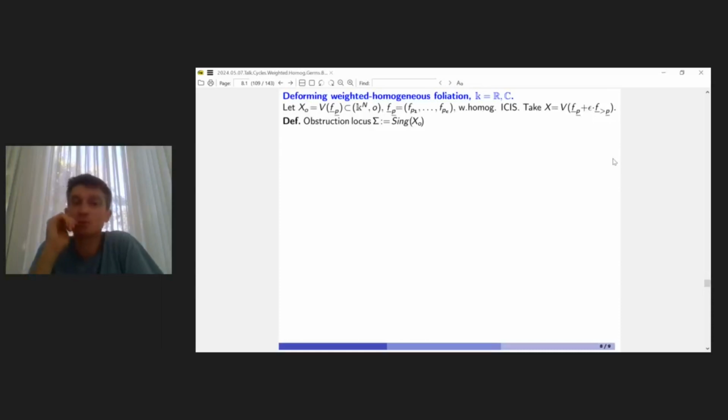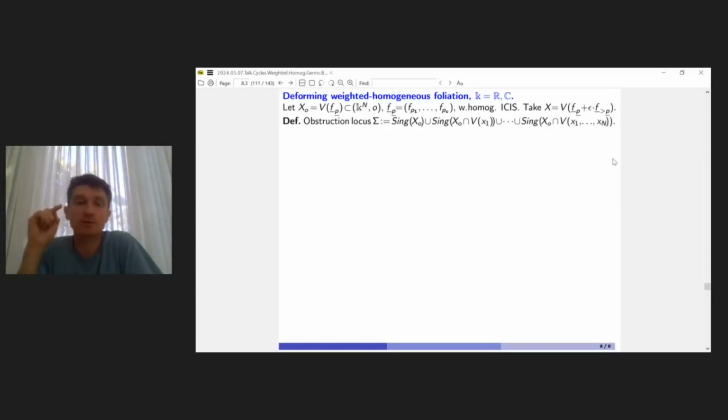So first of all, we take the singular locus of our germ. Actually, the germ has isolated singularity, so this is just a point. Now to this, I add the following. I intersect our germ with the hyperplane of the lowest weight. Here I get some germ, and these could have non-isolated singularity. So I add this singular locus, and so on.